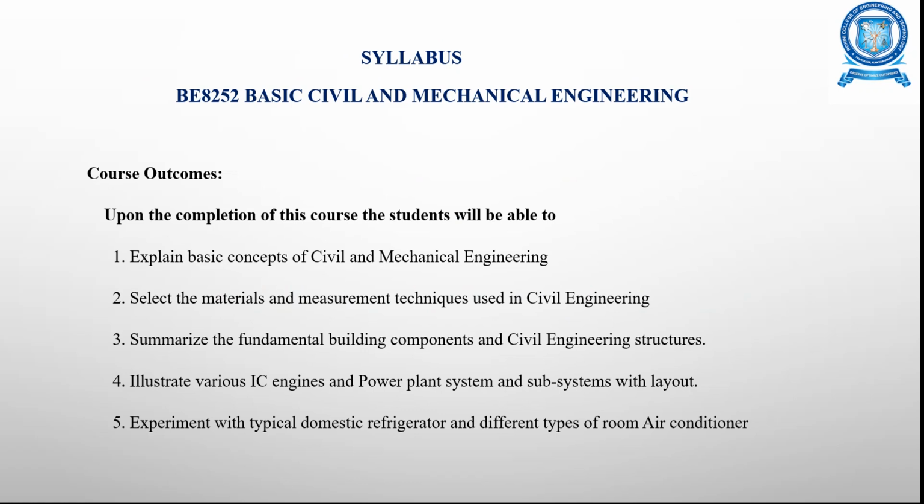And from Unit 4, the students will be able to illustrate various internal combustion engines and power plant systems and the subsystems with layout. And from Unit 5, the students will be able to experiment with the typical domestic refrigerator and different types of room air conditioner.